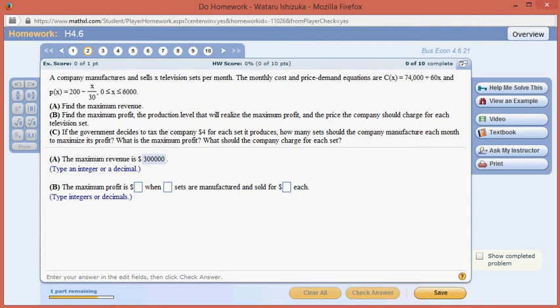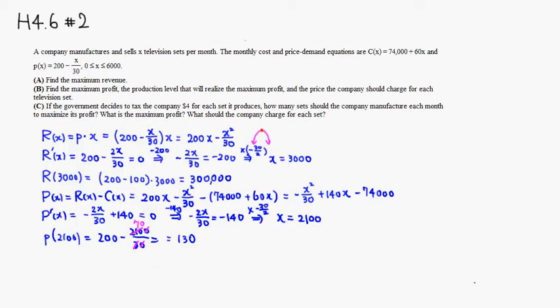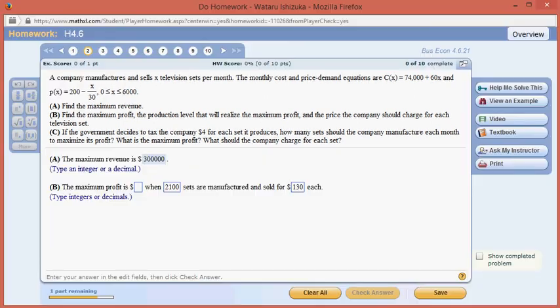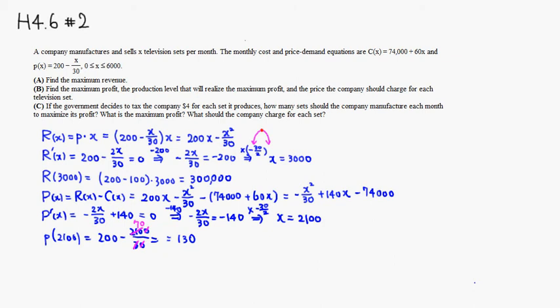Alright, so maximal profit is when x is 2100, and price is 130, was it? Alright, 130. And then we need to find the profit too. So x is 2100, and price came out to be 130.